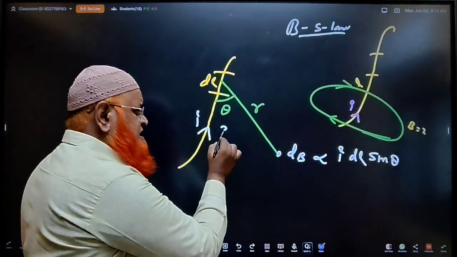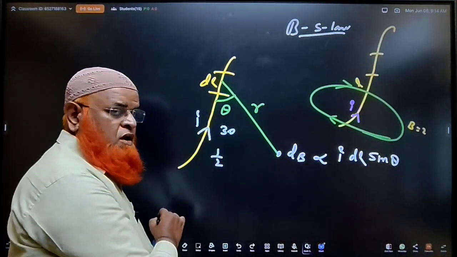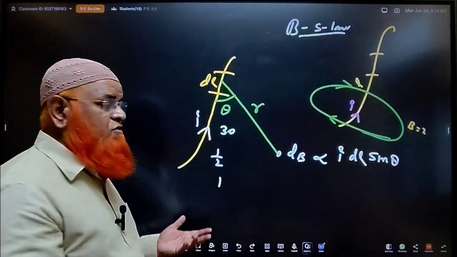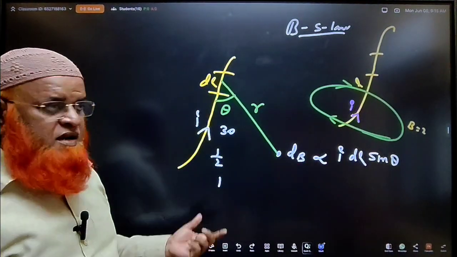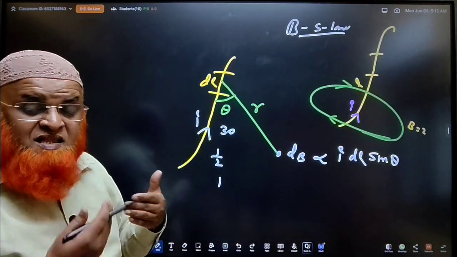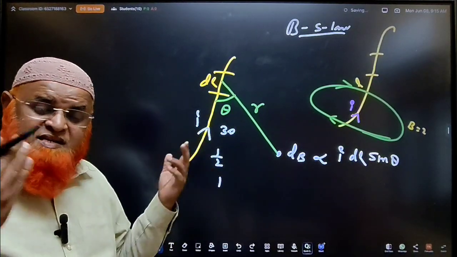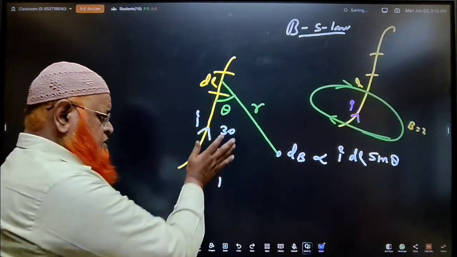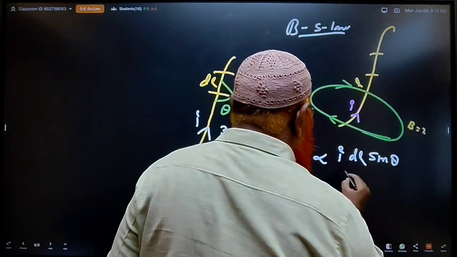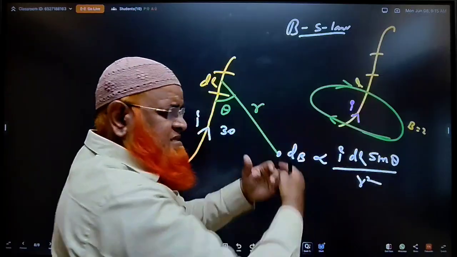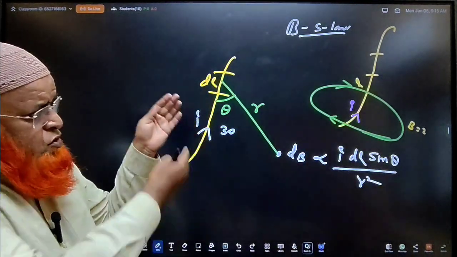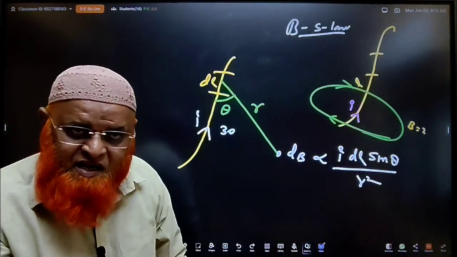If it is sine 30, it is going to be 1 by 2. If it is sine 90, it is going to be 1. So exactly opposite, 90, is going to be 1; sine 30 is 1 by 2. The larger the angle, the greater is the magnetic field. The next thing is r square. The larger the distance, the lesser is the magnetic field. As you go away from the wire, the magnetic field decreases.